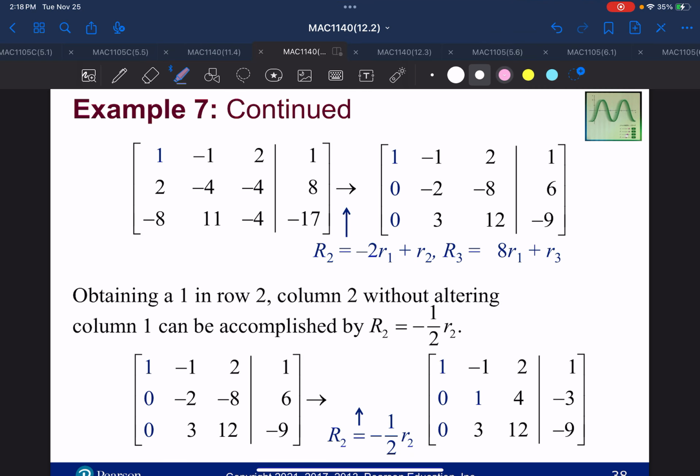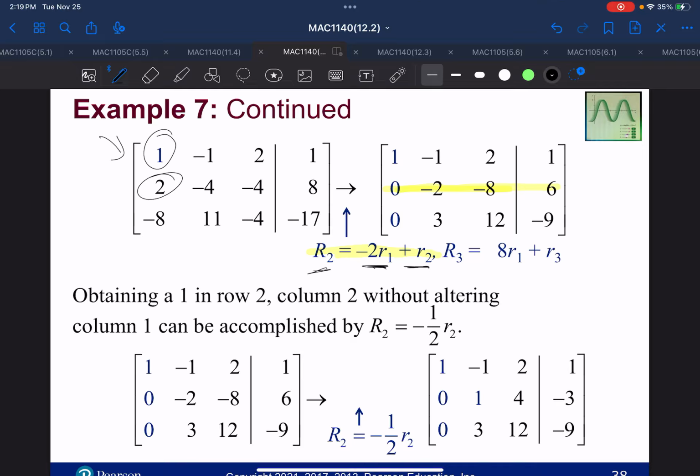That is what they are doing here to get this new row 2. This was where we were previously, and remember I said I can multiply row 1 by -2 and add it to row 2 to get a new row 2.